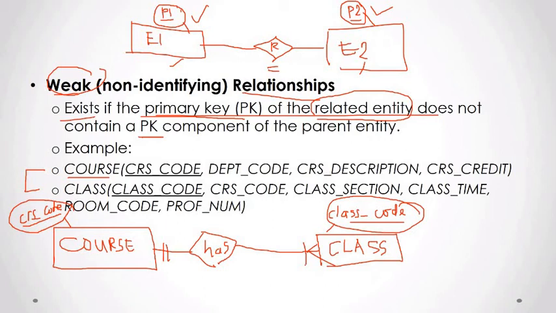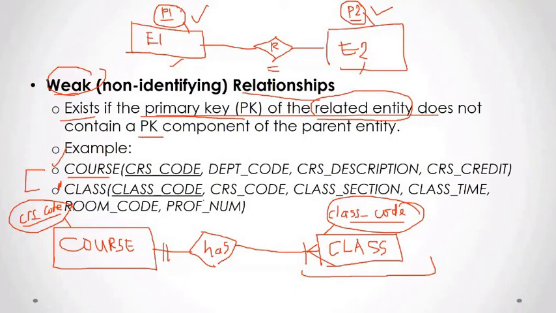So you will notice that when this entity is converted into a relation, there is a specific primary key other than the primary key of the parent entity, which is course.